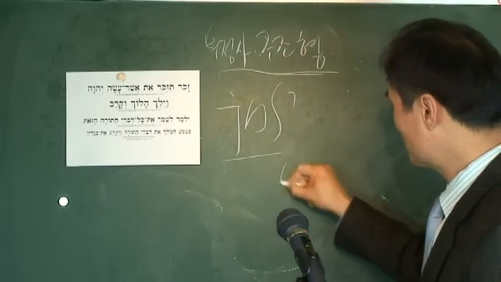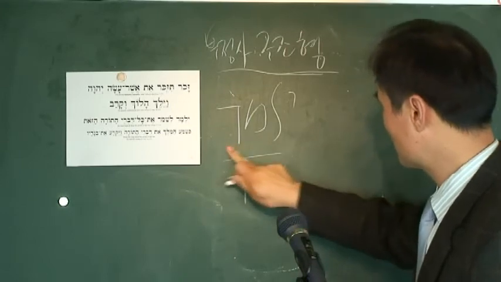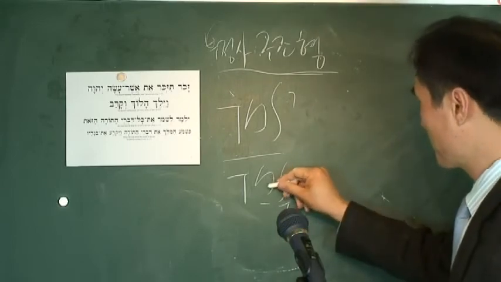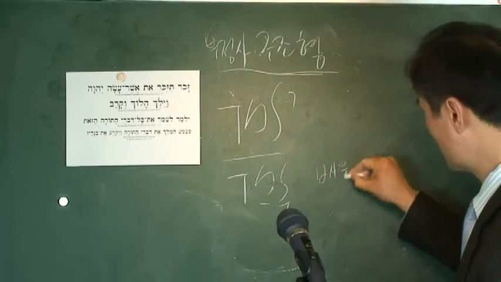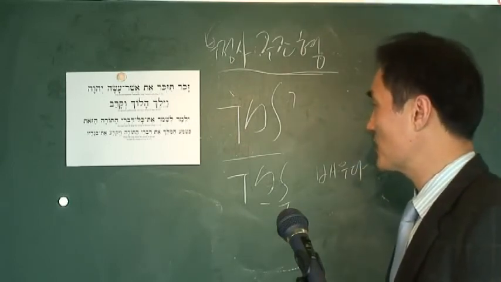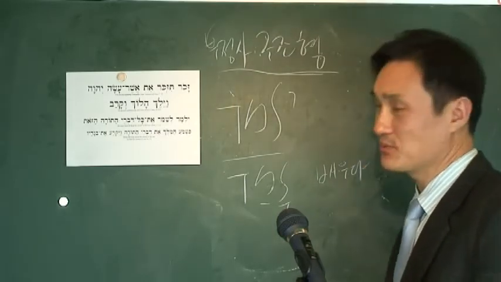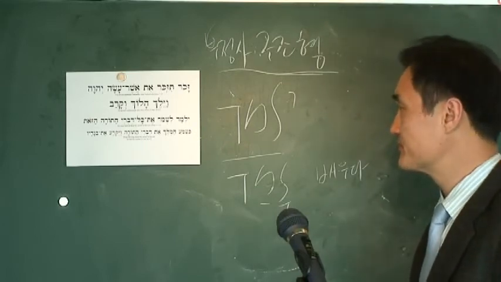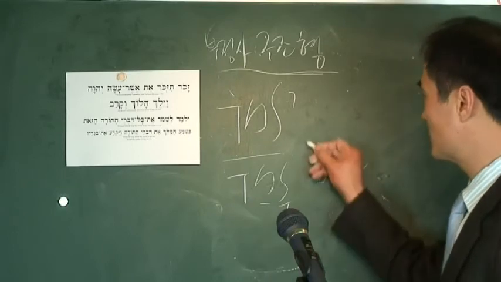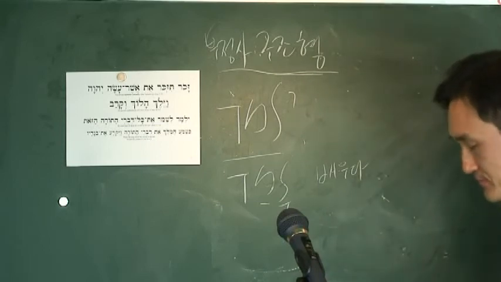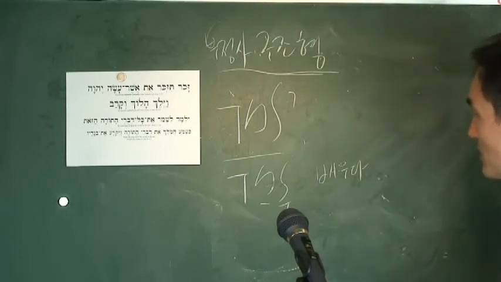This comes from the verb lamad, and lamad means learn. Lamad is in the third person masculine singular form and is used in the jussive. Hence, it would be interpreted to mean he must learn.